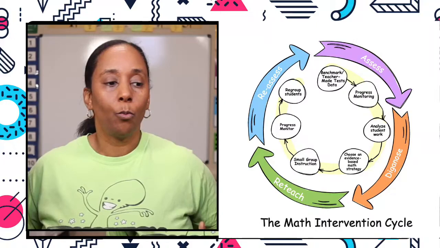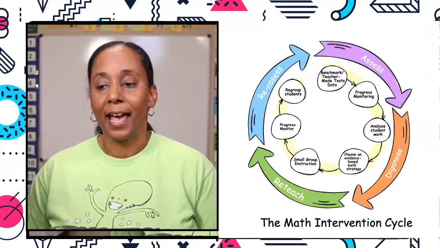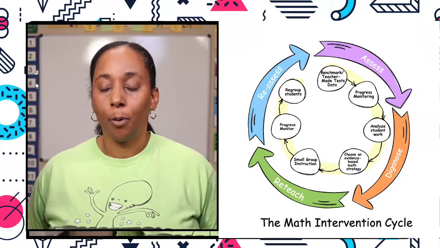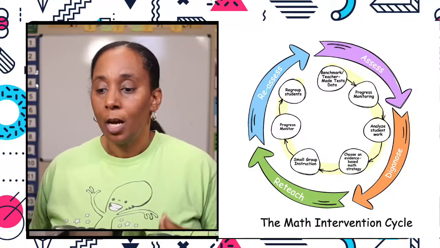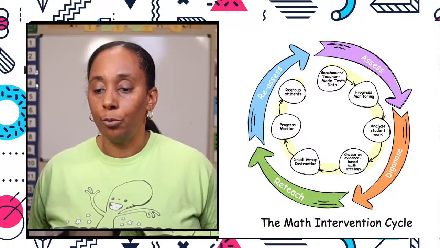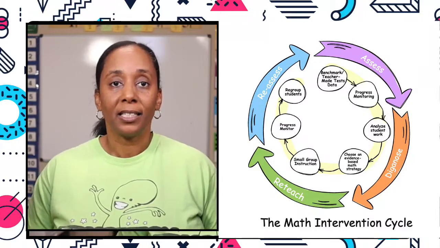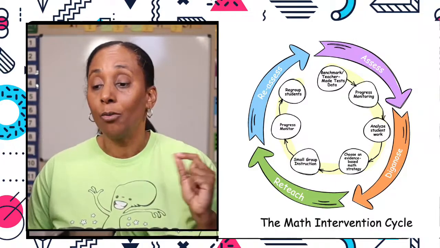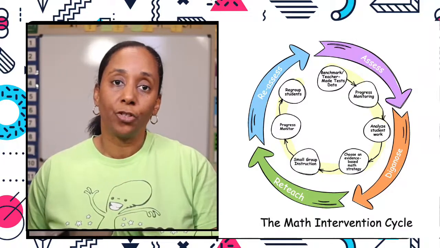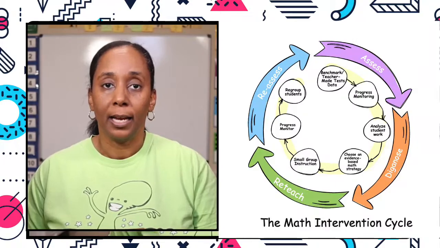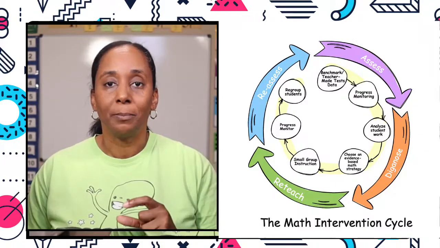The portion I'm going to share tonight is the reassess part, which is an integral part of what we do in education. It is the testing part, all the things we need to know if our strategy is actually working. And a lot of times, that's the piece that's missing.